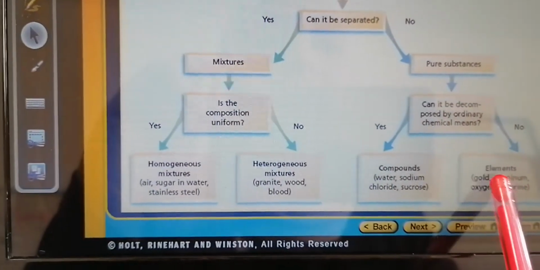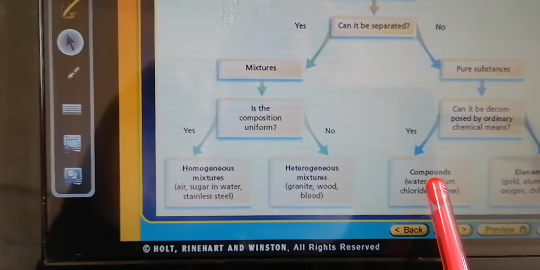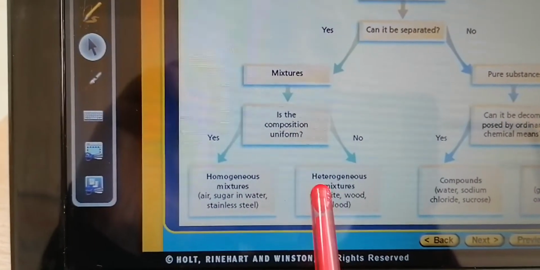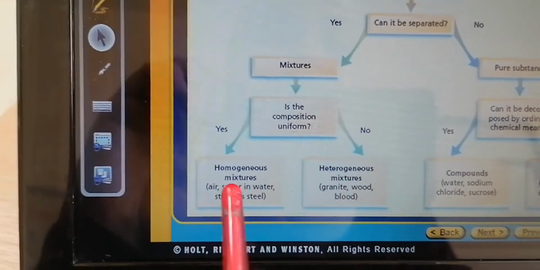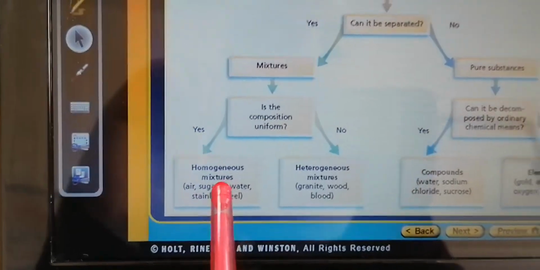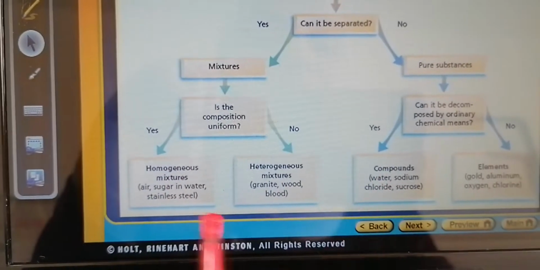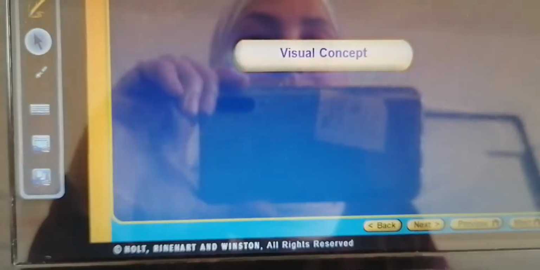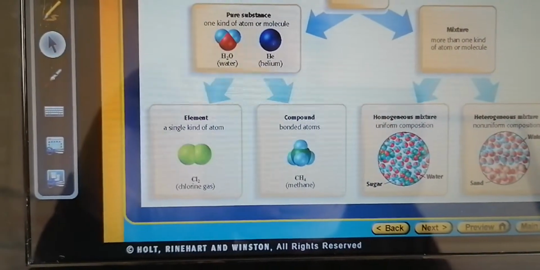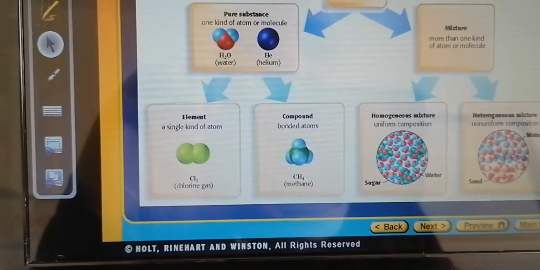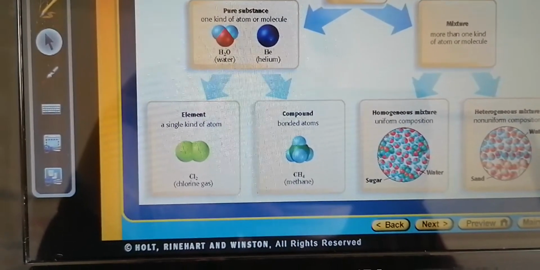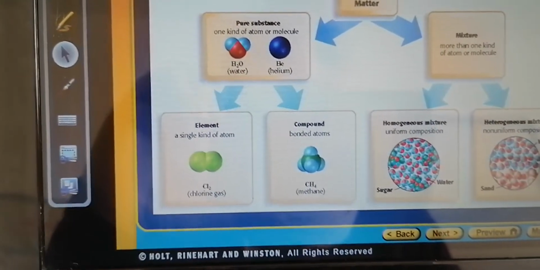And here we're talking about elements and compounds. If we can separate it, it's either a heterogeneous mixture or a homogeneous mixture. Okay? And they give you examples over here. This is just a classification, again, on an atomic level.